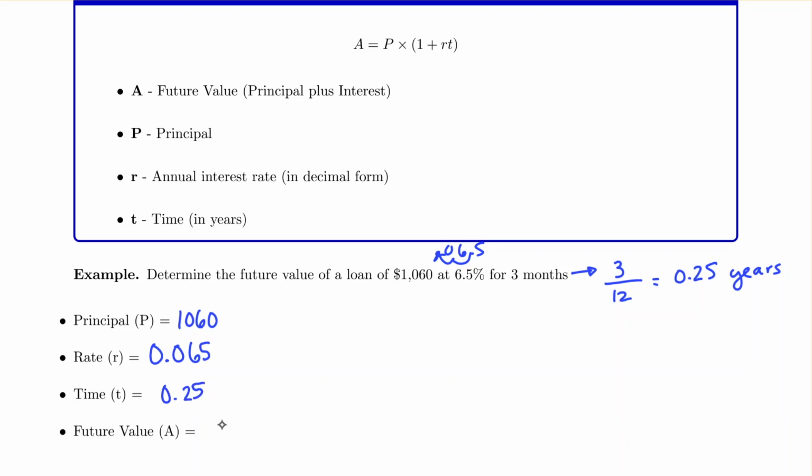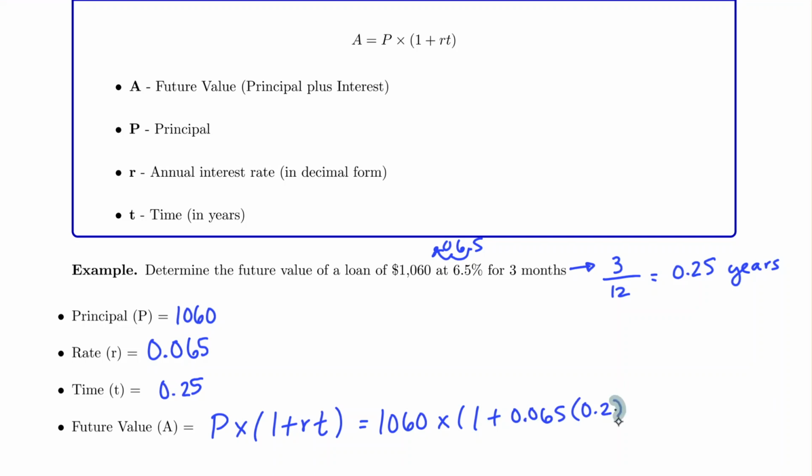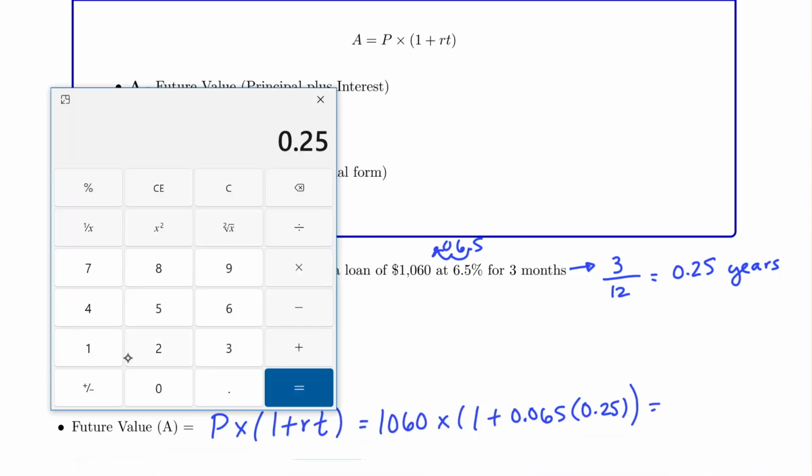So the future value is the principal times 1 plus the rate times the time. So that'll be 1060 for us times 1 plus 0.065 times 0.25. Now let's get our calculator. I'm first going to multiply these and add 1 to it.